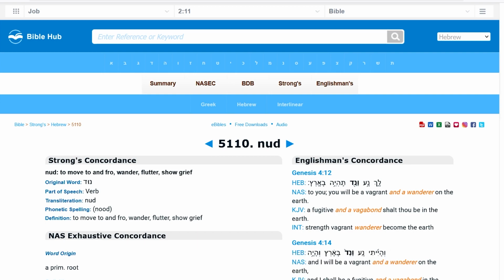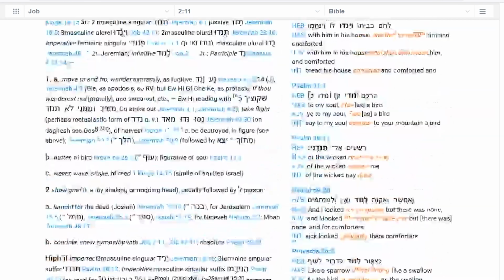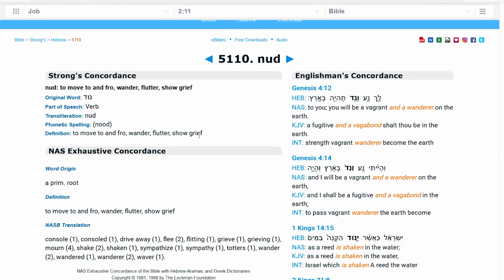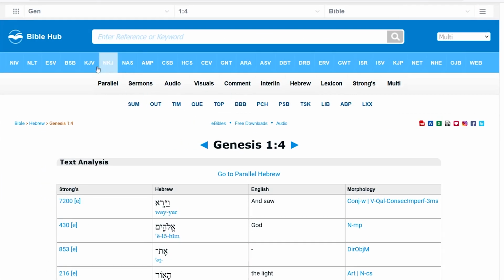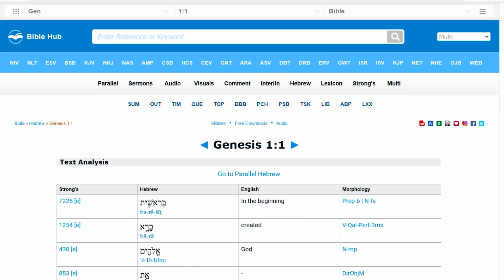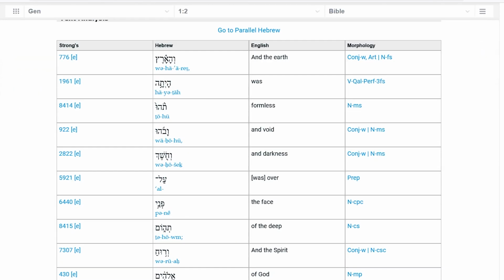So let's go down a little bit. You go down here, exhaustive concordance: bemoan, flee, get worn, take pity, remove, shake, wander, and vagabond. Okay, so let's go a little bit back. Remember, flutter, show grief? If you go back to the first part where I was showing you, just in Genesis right here, go to Hebrew.